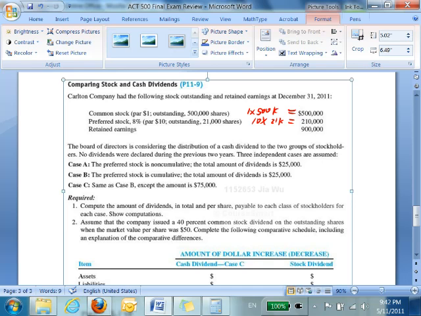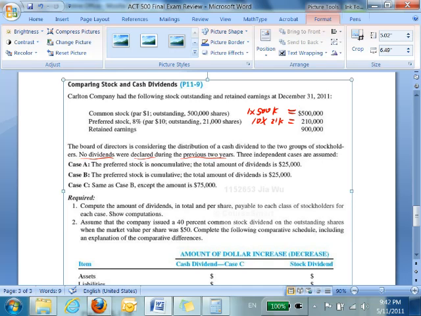The board of directors is considering the distribution of a cash dividend to the 2 groups of stockholders. No dividends were declared during the previous 2 years. 3 independent cases are assumed. Case A, the preferred stock is non-cumulative.